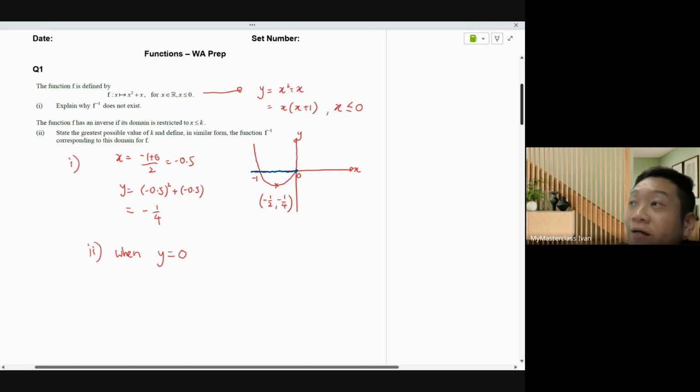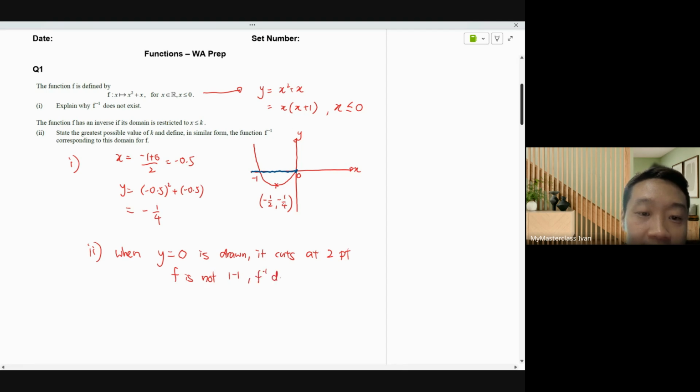This is inclusive, can see? If you're scared of this, then you use -0.2 also can. Okay, it's drawn. It cuts at how many points? Yingxuan? 2 points. So f is not 1-1. F inverse does not exist.